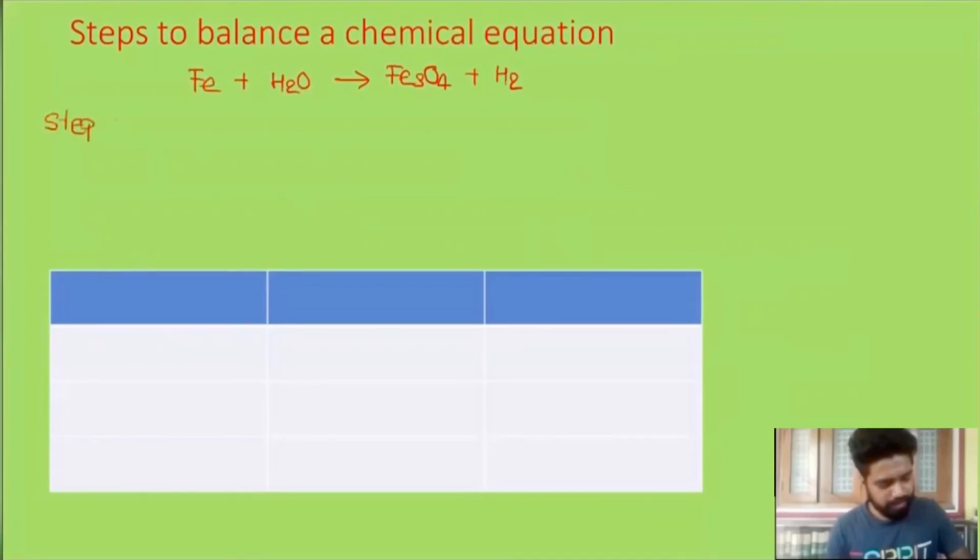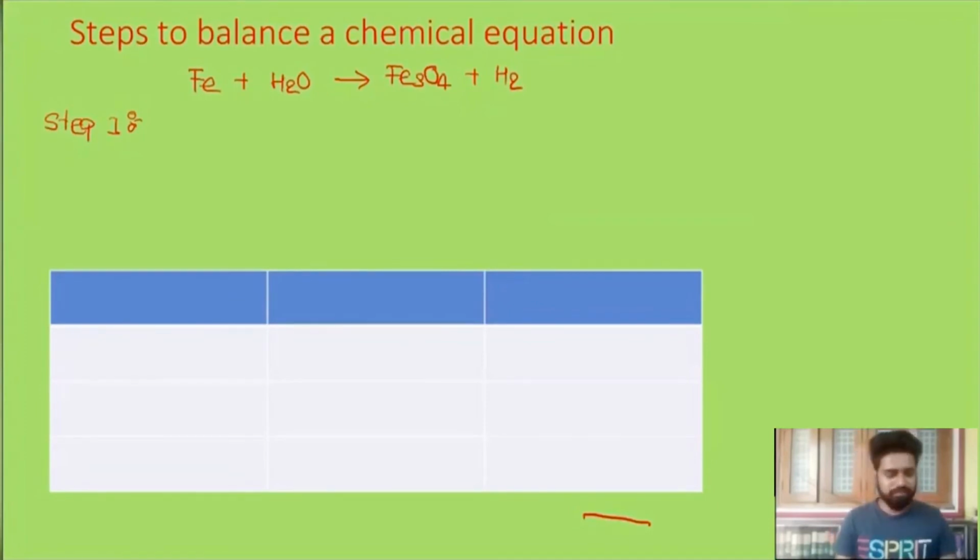Step 1: count the number of atoms of each element on both sides of the equation and represent them in a tabular form. We have a table here, so we will be representing the number of atoms of each element on both sides of the equation in a tabular form.